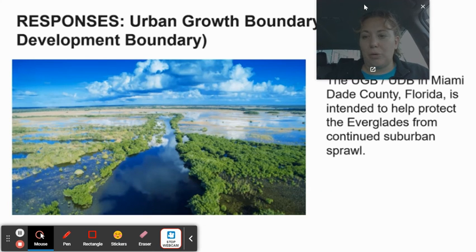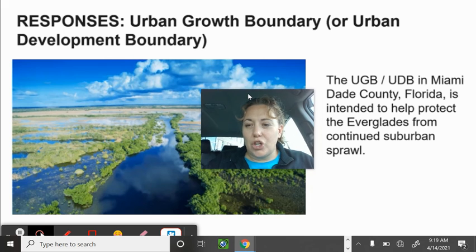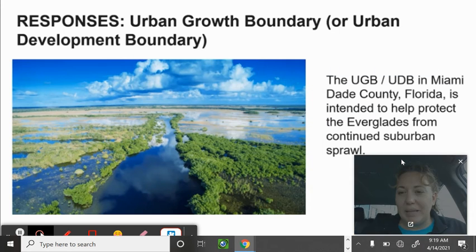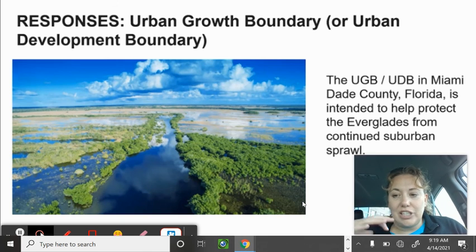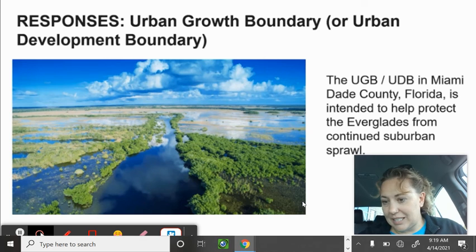Okay, got to have an urban growth boundary. Like Miami-Dade County, Florida, they literally had to put a line and say we cannot develop past this line because it was starting to infringe on the Everglades and Everglades National Park, which is protected land. In Colorado, the majority of land is federally protected national forest land.